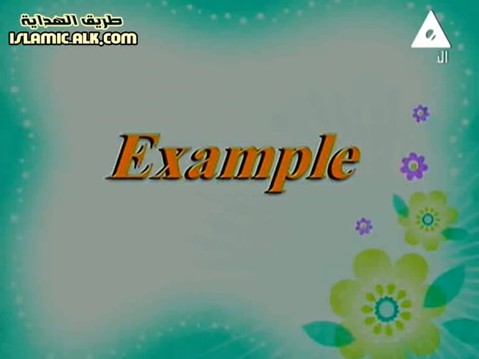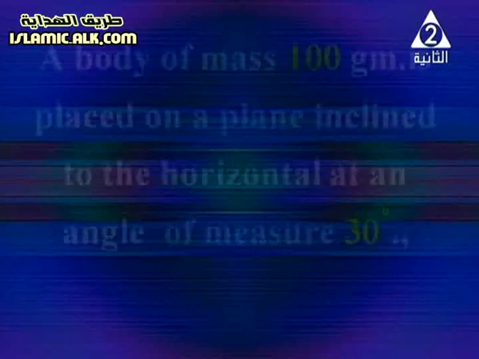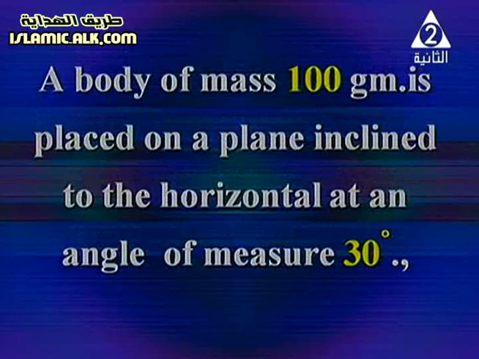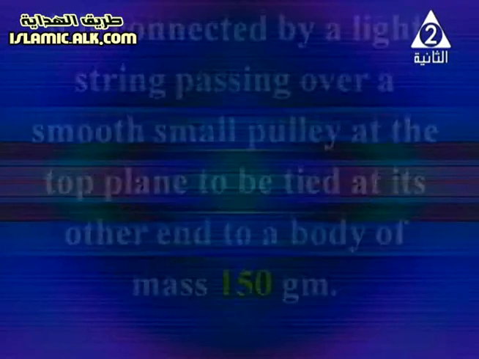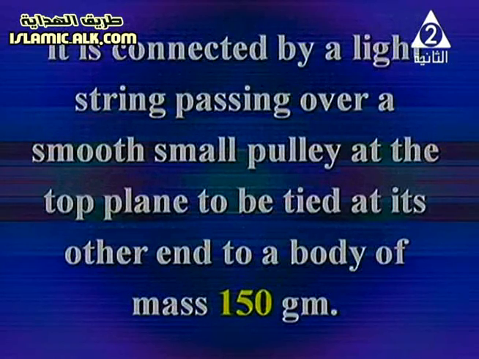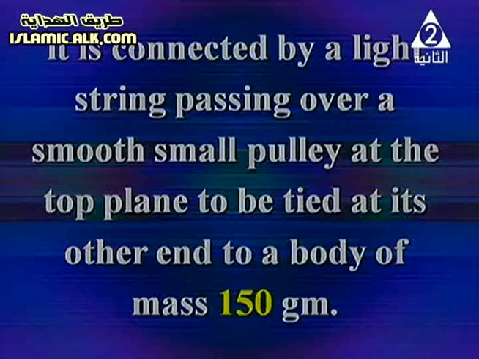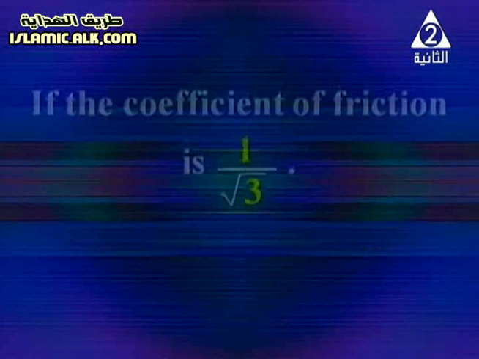Now we translate to another example. A body of mass 100 gram is placed on a plane inclined to the horizontal at an angle of measure 30 degrees. It's connected by a light string passing over a small pulley at the top of the plane to a body of mass 150 gram.